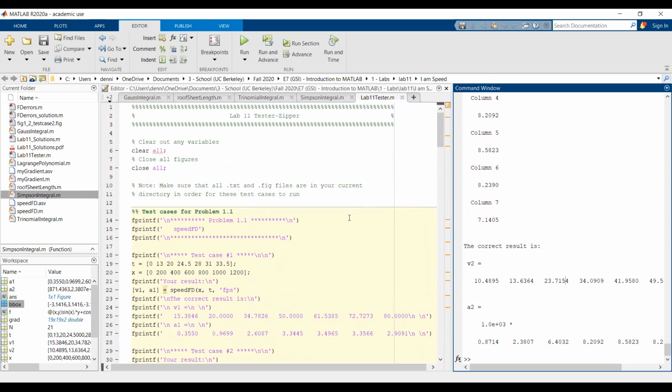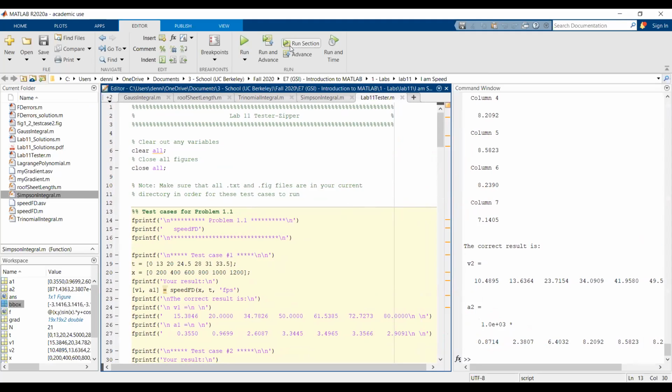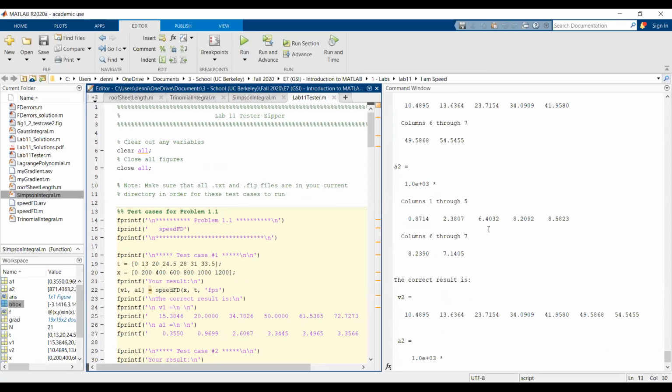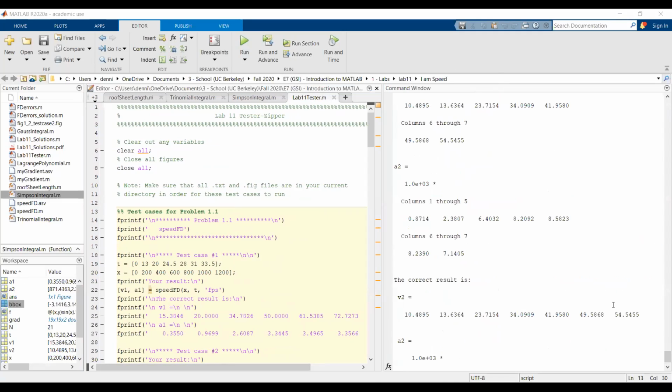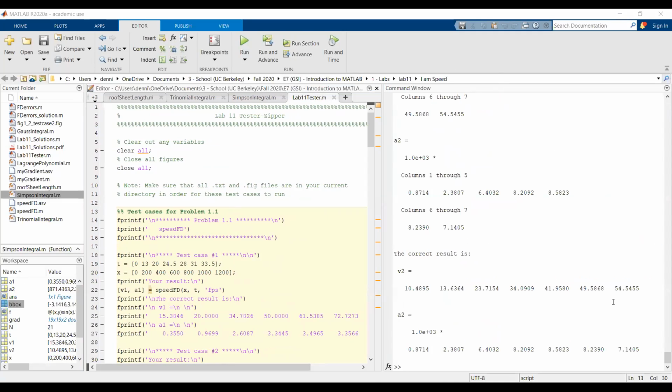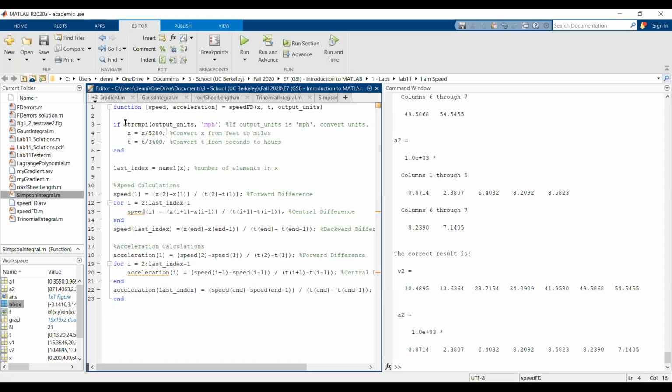Correct result is, now let me run this again. It's kind of stretched out because of the, is that right? Looks right to me. Okay, works for me. Any questions so far before I go on to my gradient?